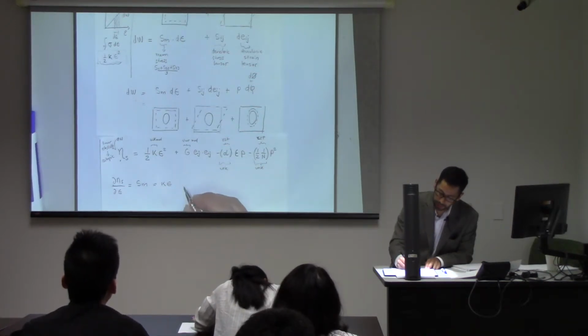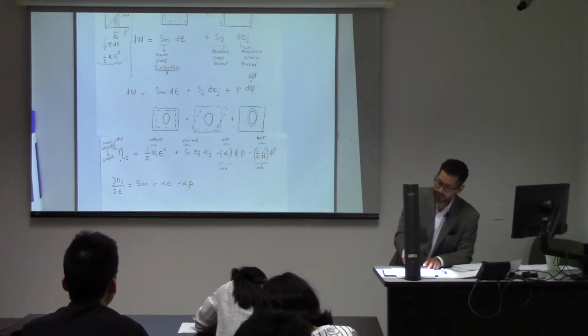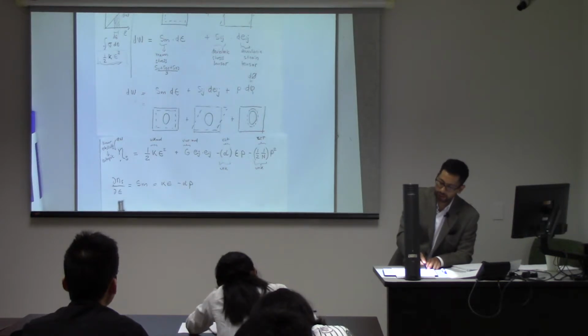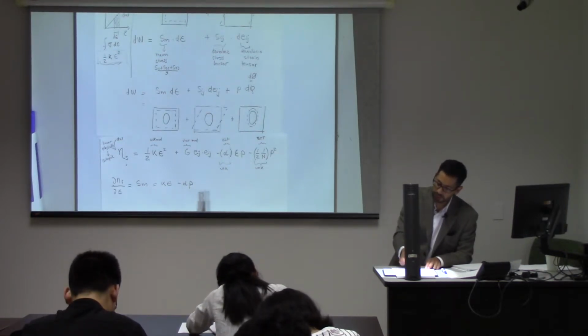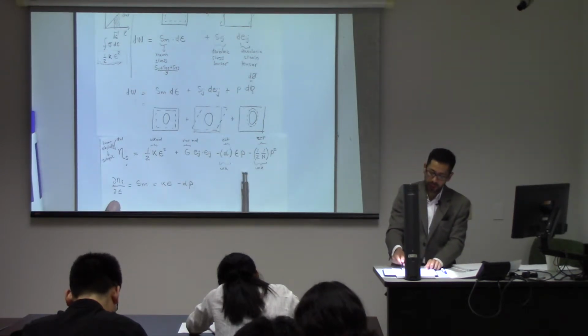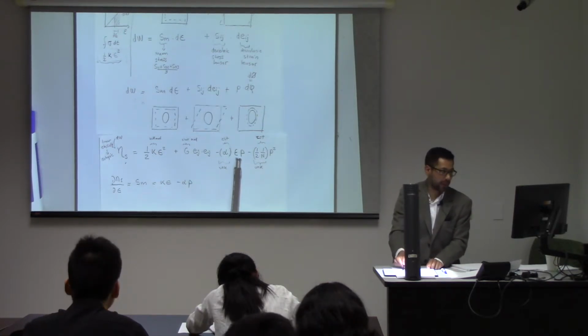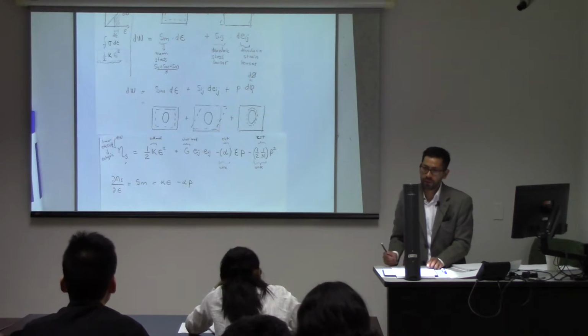So minus alpha p. P is influenced, but we're assuming in this case it cannot be taken out from the derivative. So the only variable is that one. So alpha p, right?